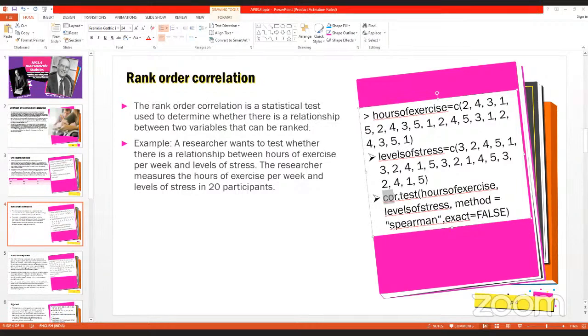Ma'am, could you please tell why do we write exact? हाँ, वही मैं दिखाने के लिए. अभी बिना exact false के इसको डालना, तो कुछ warning message आएगा.